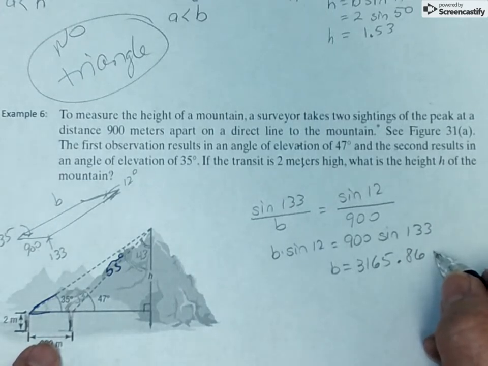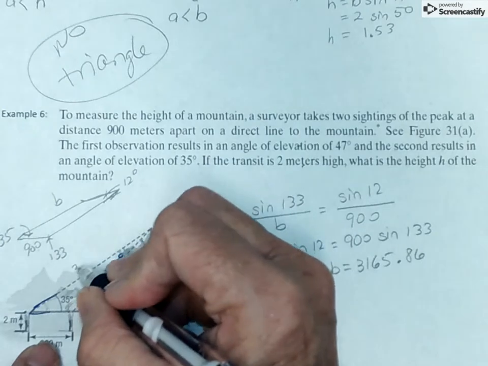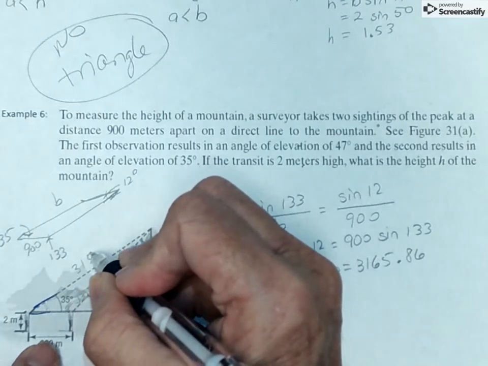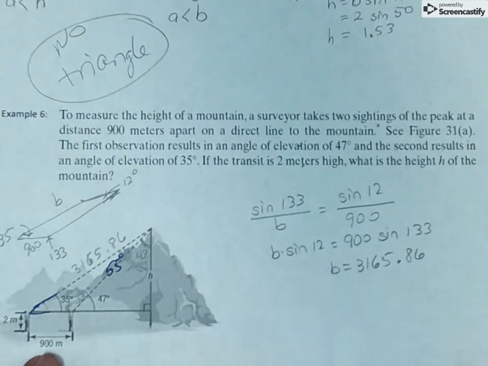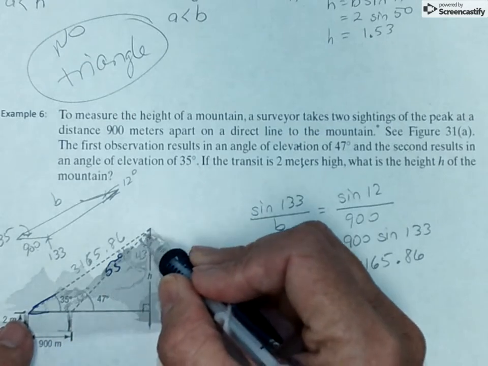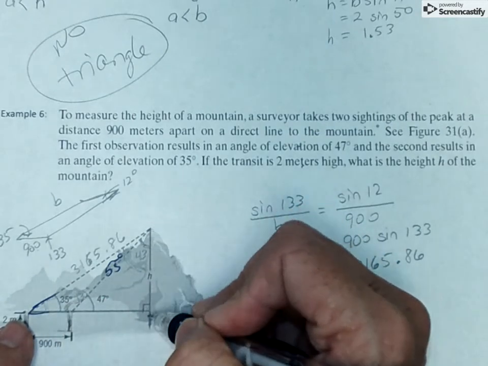Okay, we're getting close here. So that is this side right here. We've got 3,165.86. Now, how are we going to solve for our height? Well, if this is B, I know this angle. I'm looking for the height.